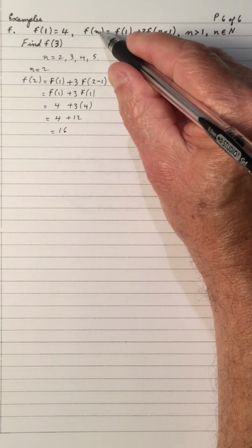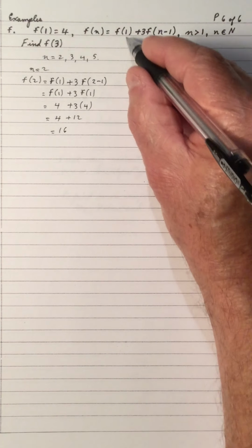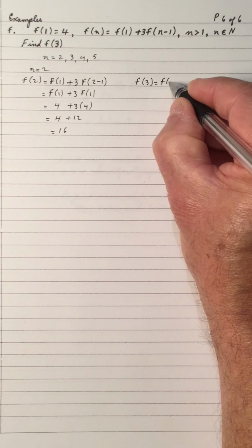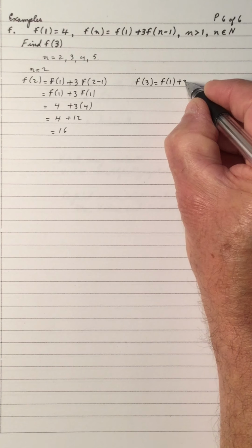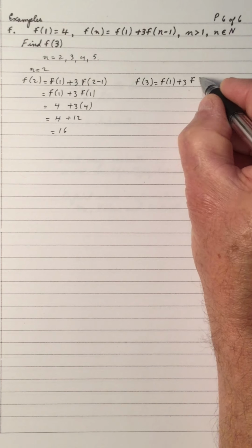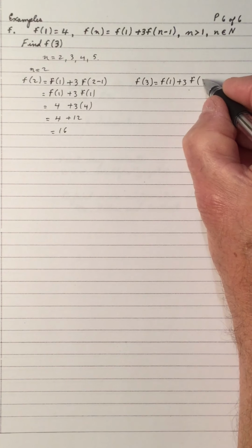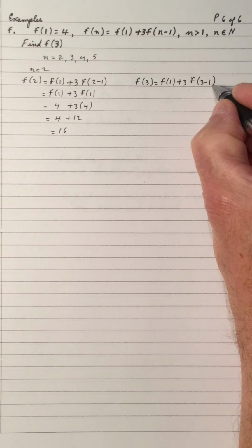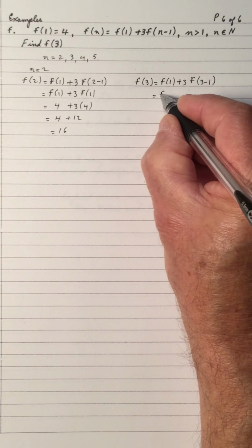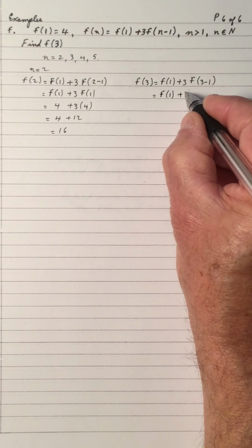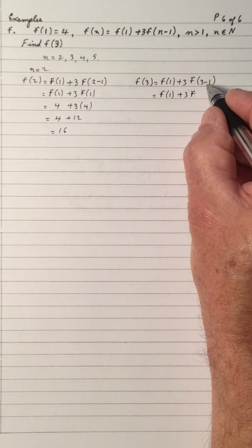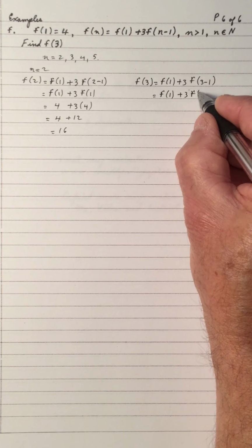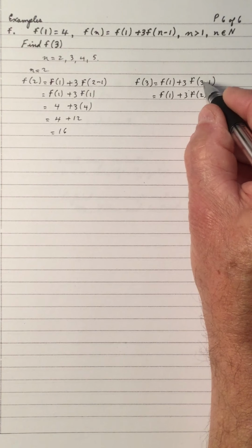So for the f of 3, I'm putting 3 in the place of n. So the f of 1, copy it down, plus 3 times f of 3 minus 1. And take our time, 3 minus 1 is 2. I have to simplify the bracket.